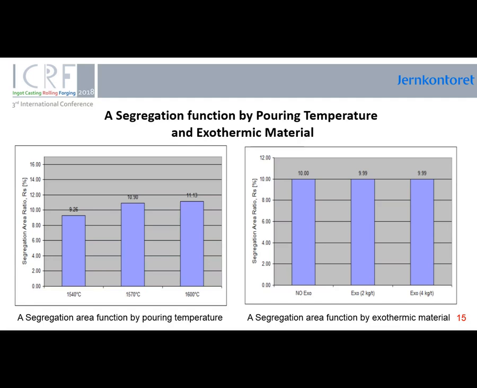For one of them, no exothermic material was added. For the second one, the exothermic material was 2 kilos per ton, and for the last one, 4 kilos per ton. The figure on the right side of the slide shows that the A-segregation area is practically unchanged.